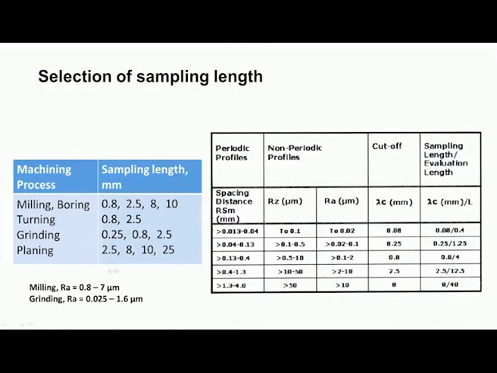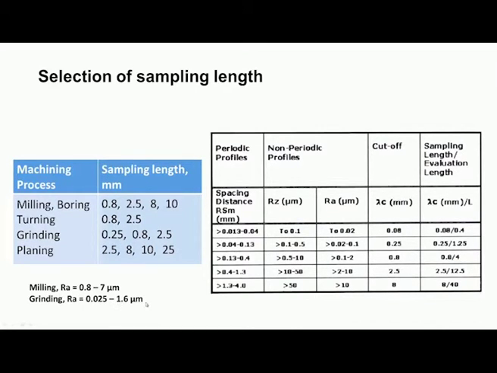Similarly, in the milling process, normally we get an Ra value of 0.8 to 7 micrometer. And in the case of grinding, we get a very fine surface finish, that is an Ra value of 0.025 up to 1.6 micrometer.